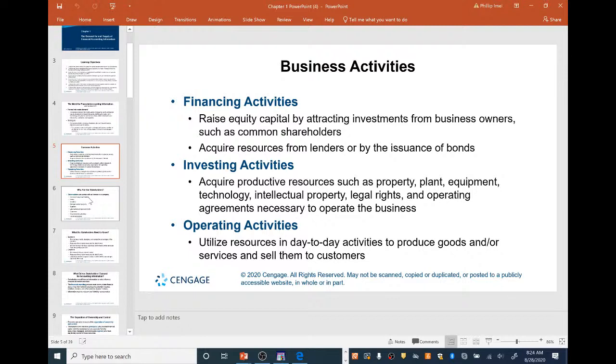Now what about operating activities? What type of activities would we account for as cash flows in operating activities? Think about operating. What statement shows the operating performance of a company? The income statement, right? Because that measures the revenues, expenses, gains, and losses for a period of time.